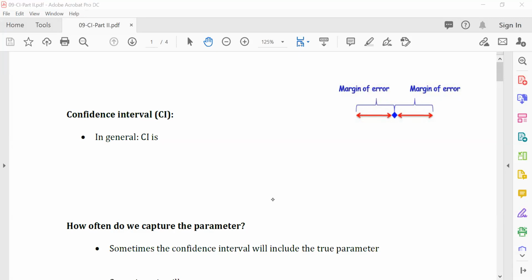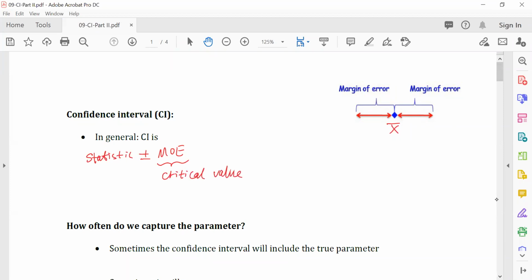If you guys still remember, we have an x bar plus or minus a margin of error. So generally speaking, confidence interval for any parameter is your statistic plus or minus the margin of error. And the margin of error is calculated by using the critical value.